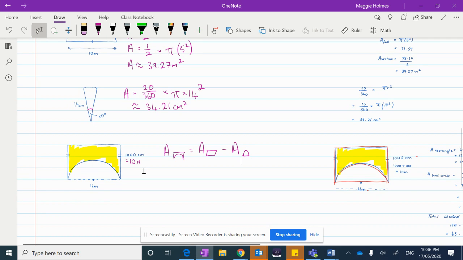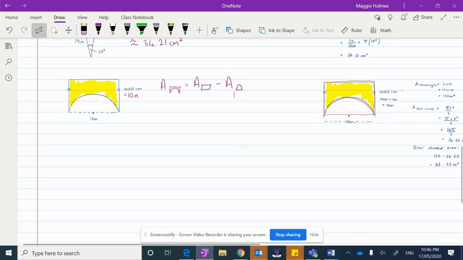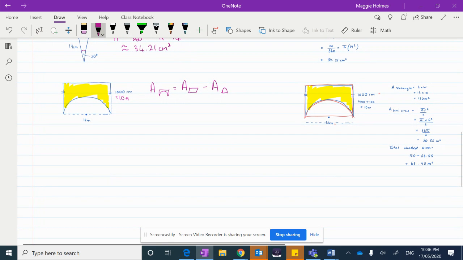So you make a plan at the start for what you're going to do, and then you can just go ahead and find out those two areas that we need to do. So the area of the rectangle, you can find it separately or you can put it up here in one line of working. I'm actually going to go with the one line of working. So area of our rectangle is length times width, so that's 12 by 10 meters.